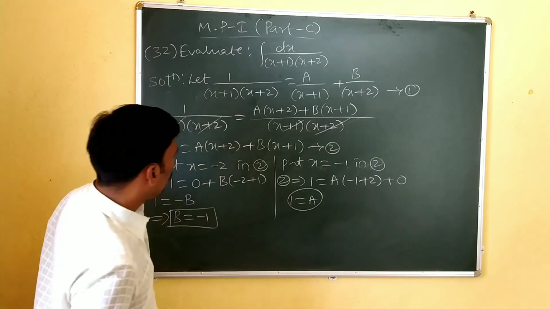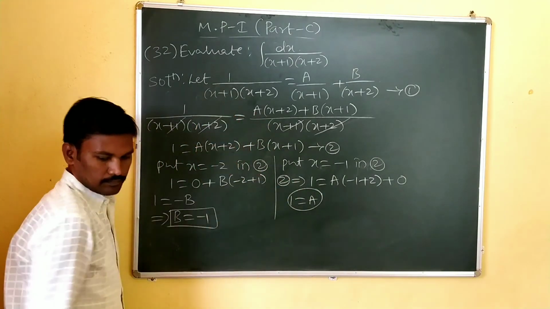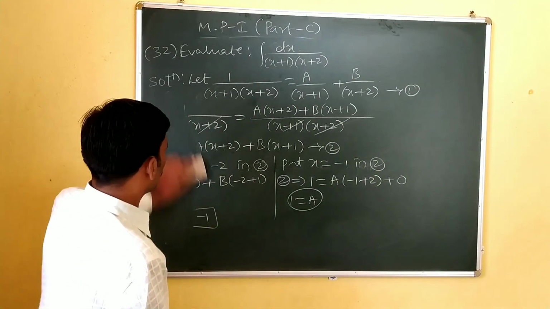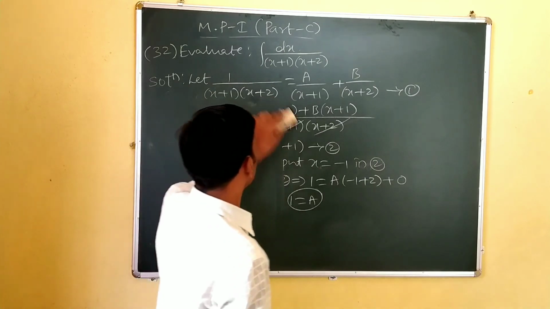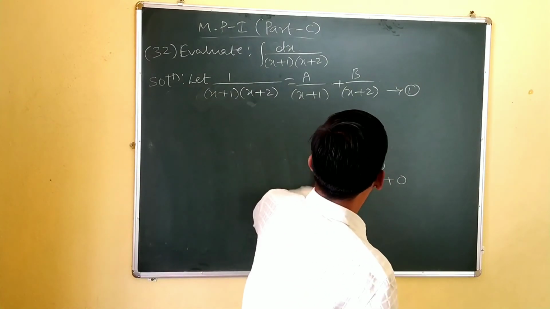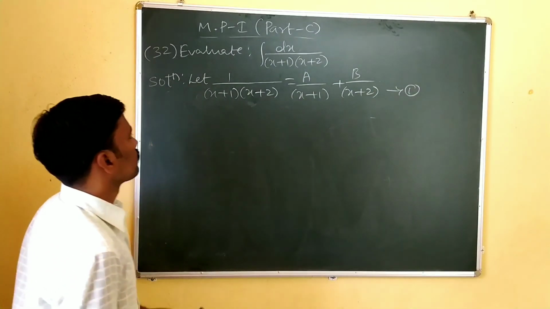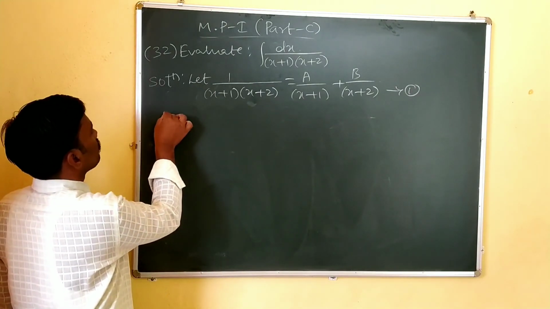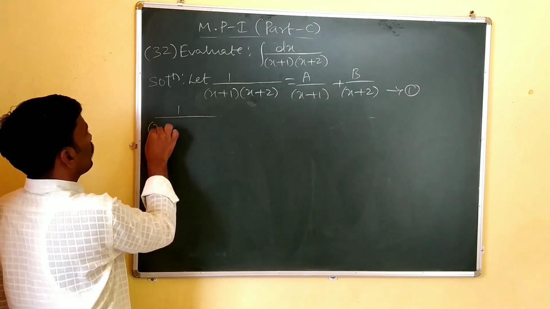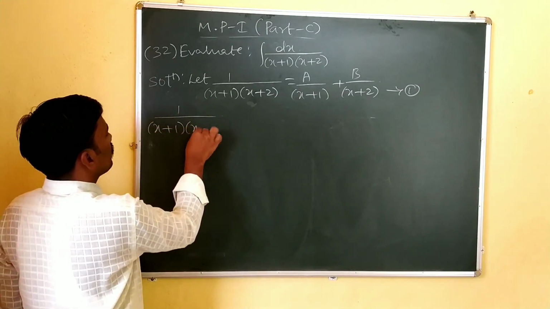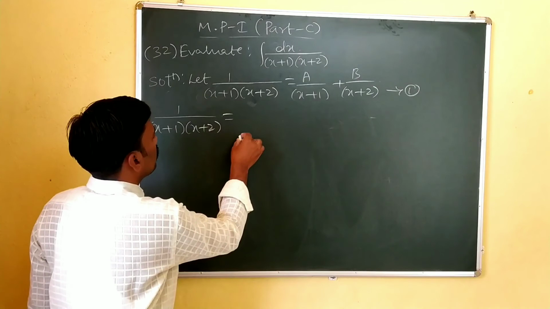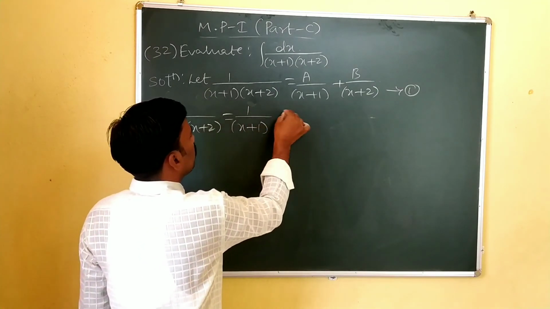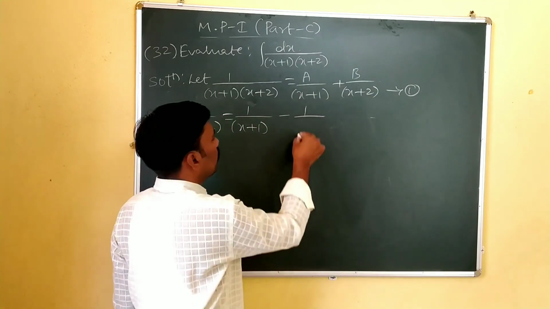Now put the a and b values in equation number 1. 1 divided by x plus 1 into x plus 2 is equal to the a value, 1 divided by x plus 1, and the b value is minus 1 divided by x plus 2.